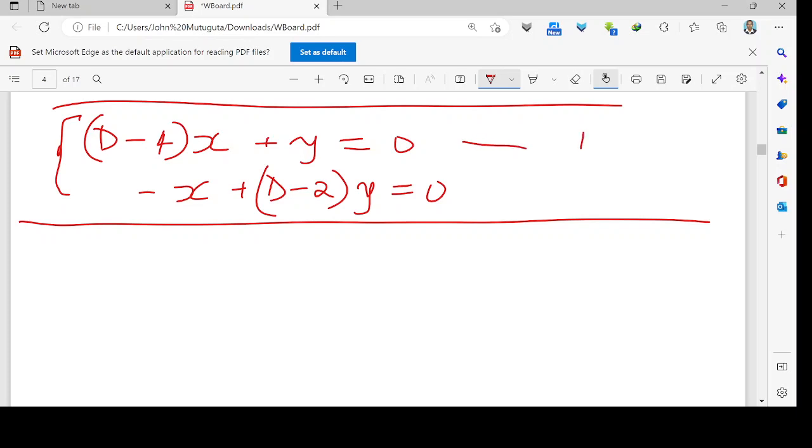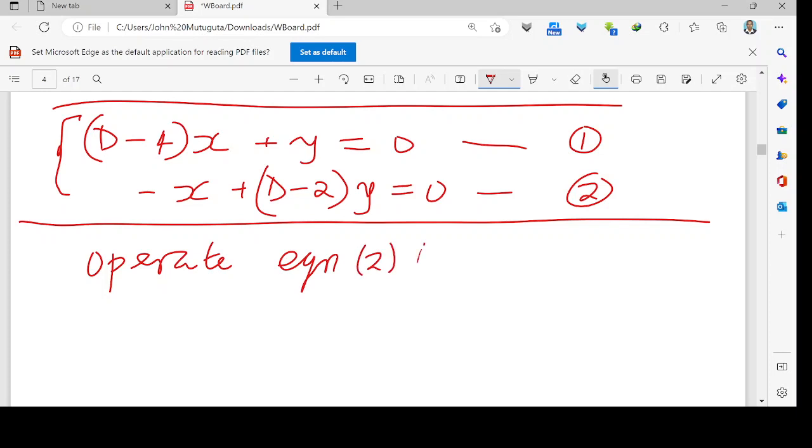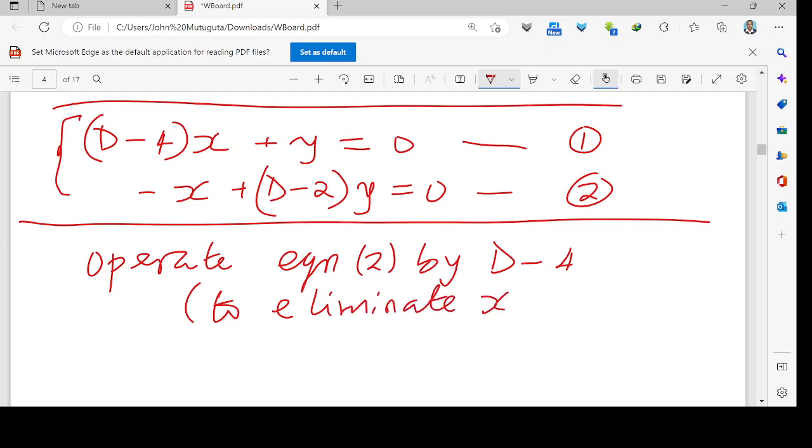If I call this equation 1 and this equation 2, we operate equation 2 by D minus 4, then we add the two equations. The idea here is to eliminate x.